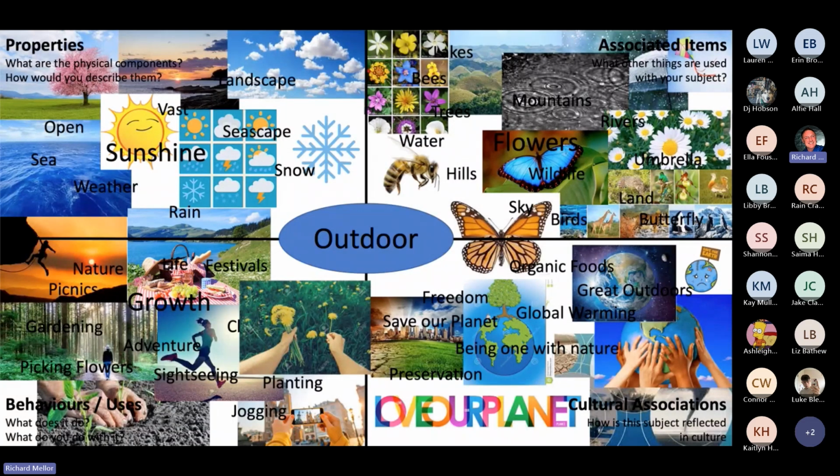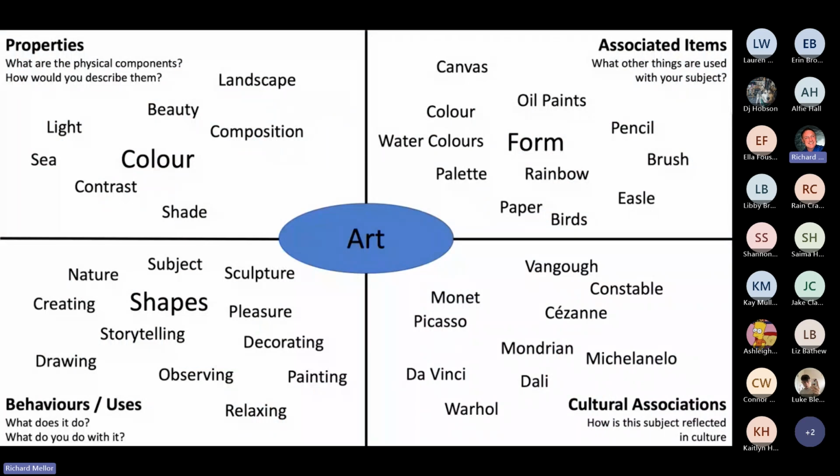And that's just one of the 3 quadrants that we would be doing for this project, because that's just our attempt to bring out word associations with the word outdoor, whereas the next word is art. So this would be populated in the way that you see on the screen. For art, we've got landscapes, color, contrast, shade, form, and then associated items, canvas, oil paints, pencils, brushes, easels, palettes.